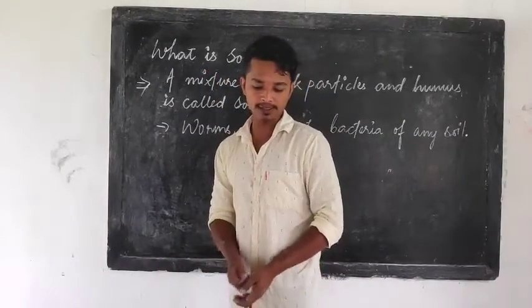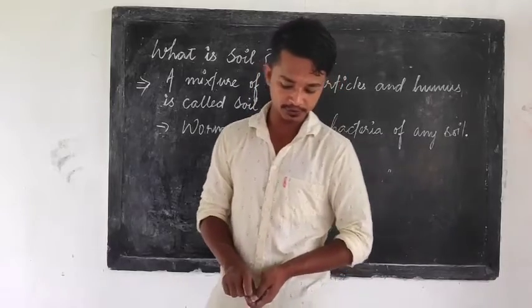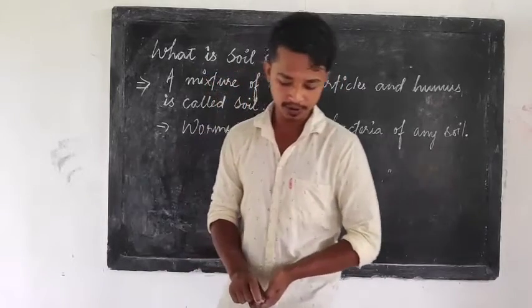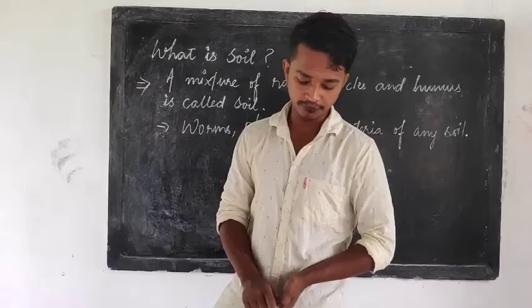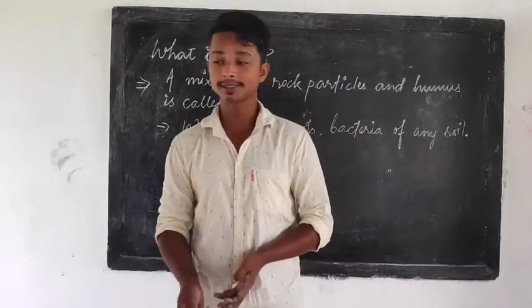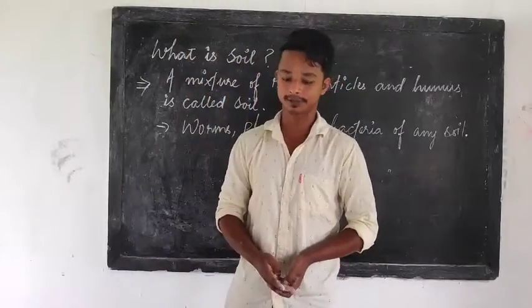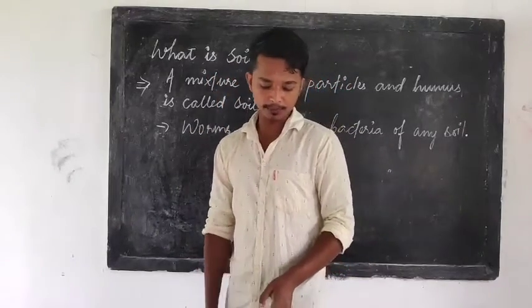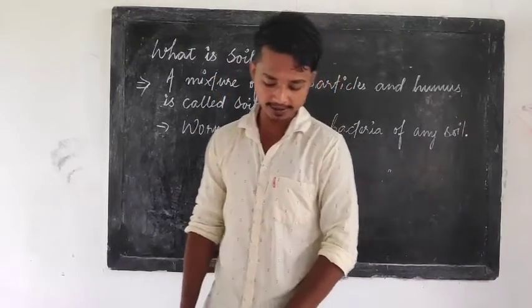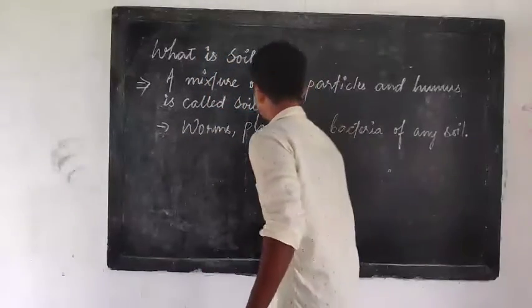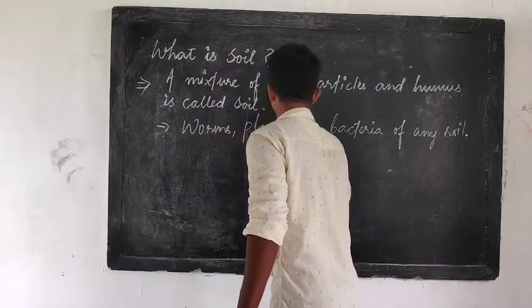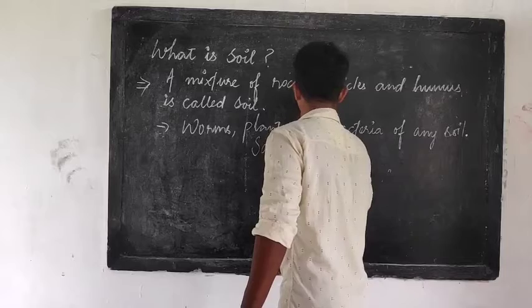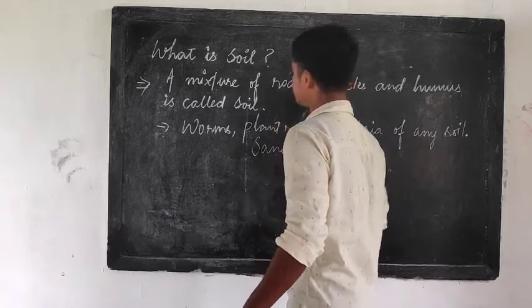Generally, the soil is classified on the basis of the proportion of the particles of various sizes. If soil contains greater portions of big particles, it is called sandy soil. Now what is called sandy soil?